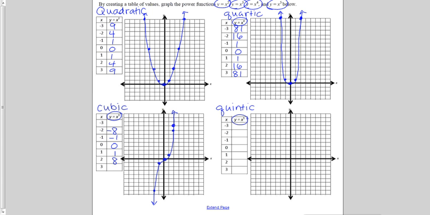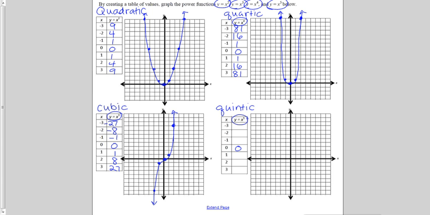Yeah, it's actually up there. Sorry about that. Okay. 3 to the 3rd is 27. Negative 3 to the 3rd is -27. Those aren't going to fit on my graph, but that's our shape for our cubic. That's our parent function.